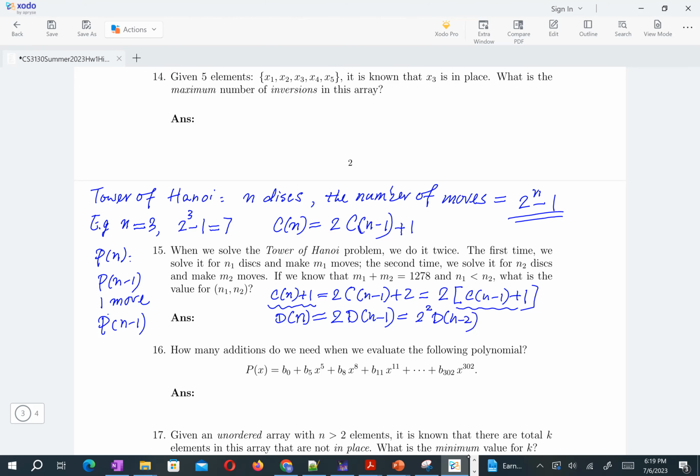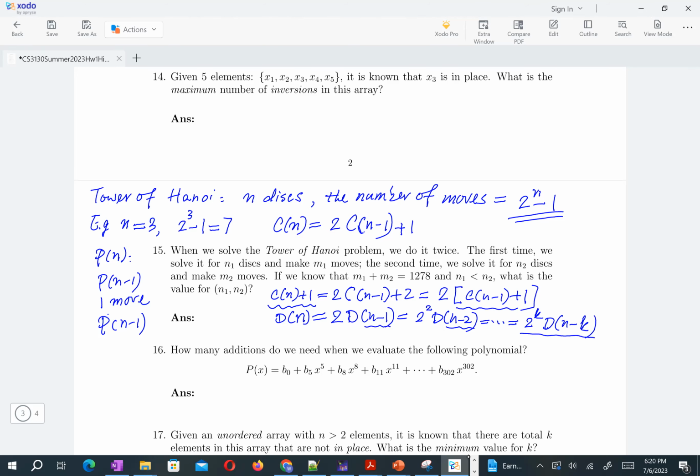Can we keep doing this again and again, until we get the kth power, 2 to the k times d of n minus k? 2 to the first, d of n minus 1. 2 squared, d of n minus 2. 2 to the k, d of n minus k.